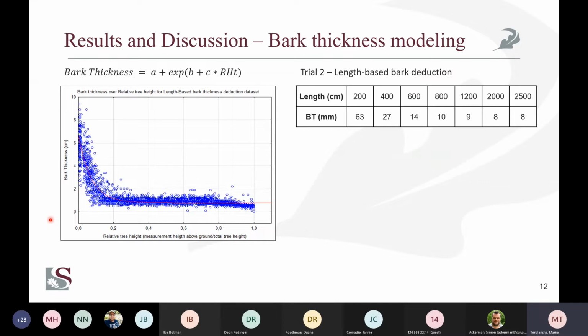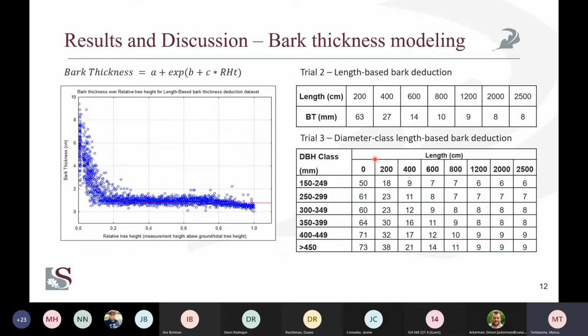So for the length-based bark deduction, we split the table into these length classes. From the base of the tree to 2 meters, the bark input was 63 millimeters, and then from 2 meters to 4 meters, 27 millimeters in thickness, and so on. That was a set parameter on the machine's computer for the specific bark deduction method.